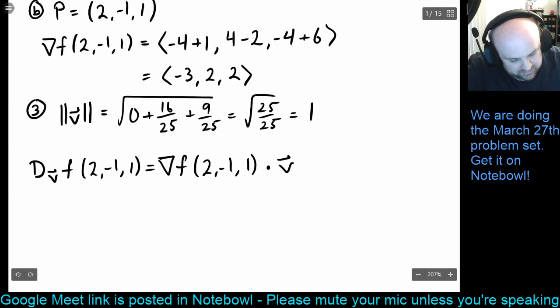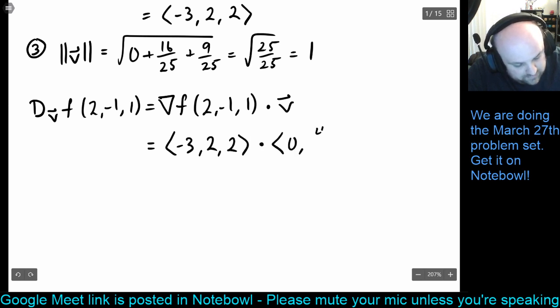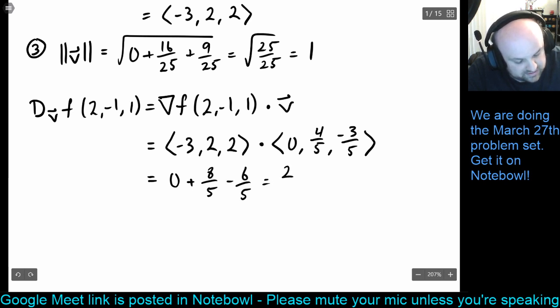We need (-3, 2, 2) dot product with v, which is (0, 4/5, -3/5). If we do this dot product, we get 0 plus 8/5 minus 6/5. So that's 2 over 5.